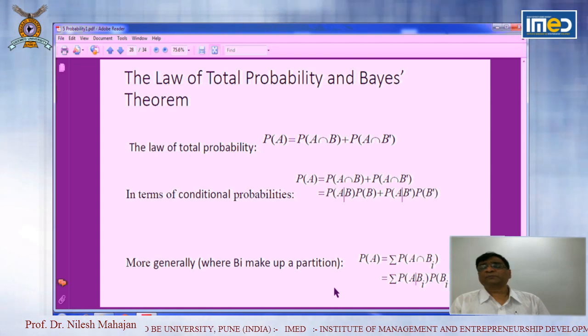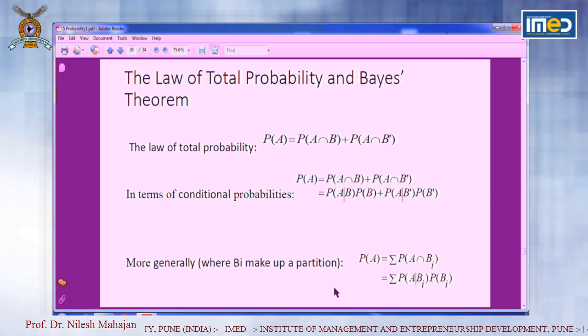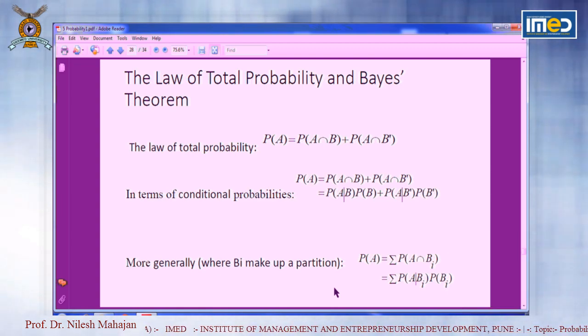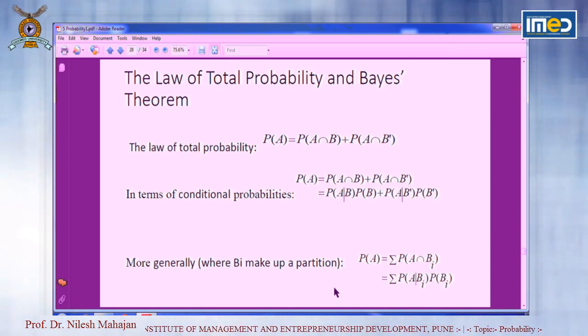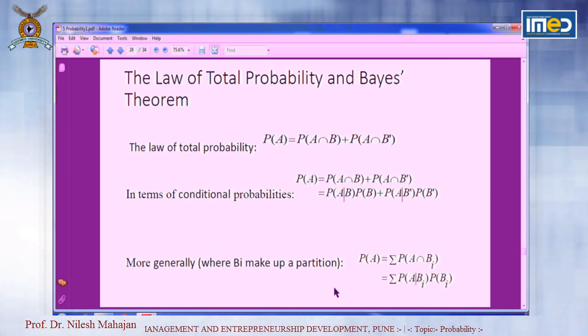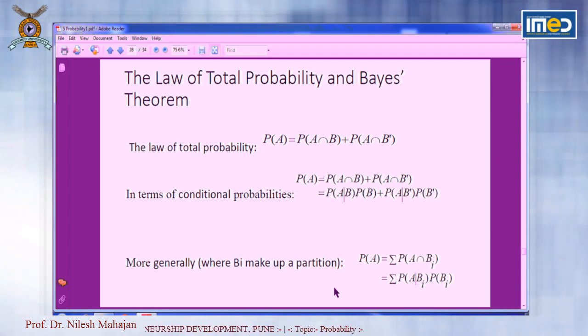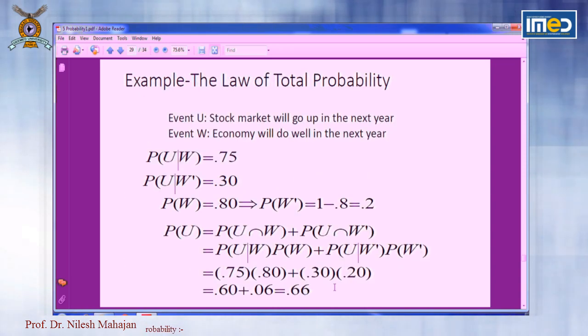The law of total probability: P(A) equals P(A intersection B) plus P(A intersection B dash). Same thing in terms of conditional probability. More generally, where the events make up partitions, you can calculate P(A) according to this formula.